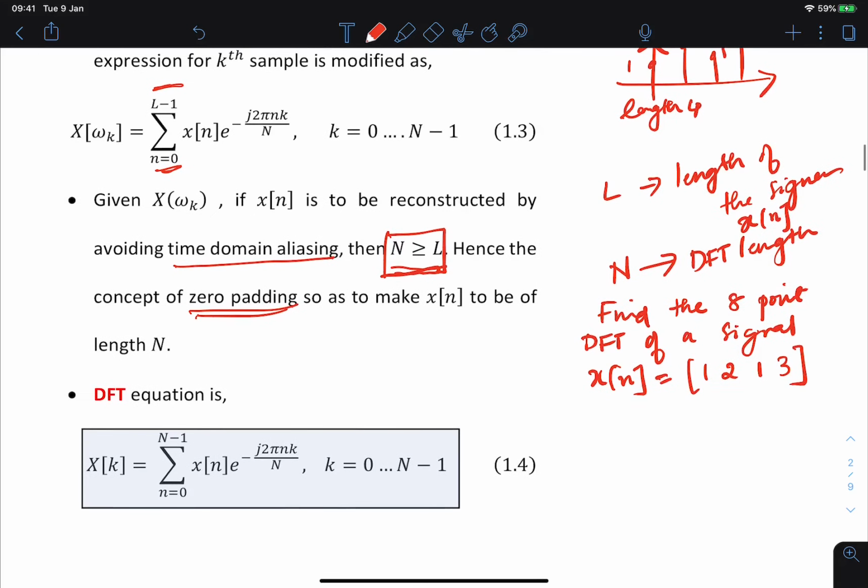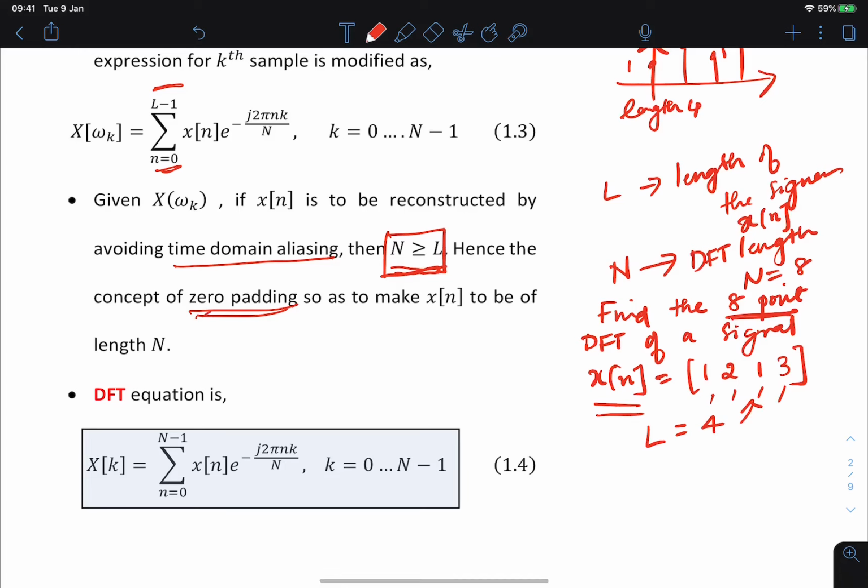That is the signal, the first sample, second sample, third sample, fourth sample of x of n. But the question is to find the 8-point DFT, that is, N equal to 8. What is L? L is equal to 4, because we only have 4 samples. So how do we do that?